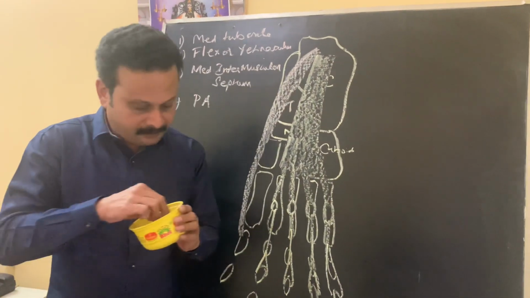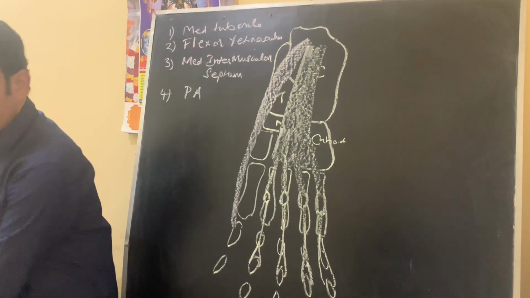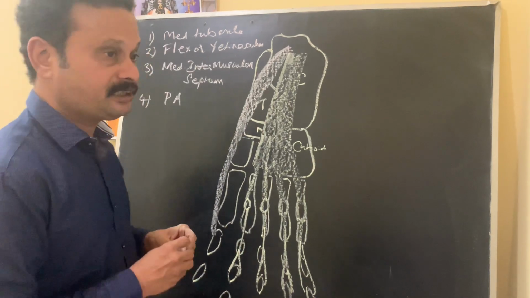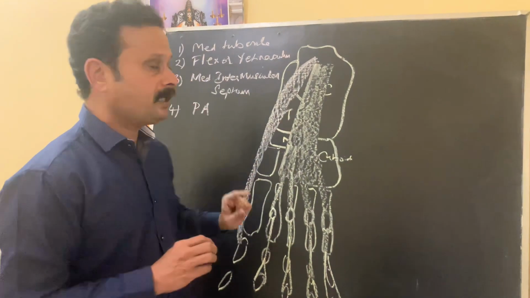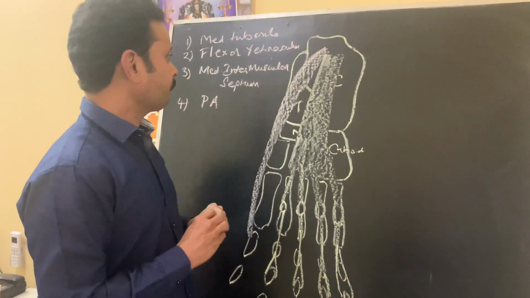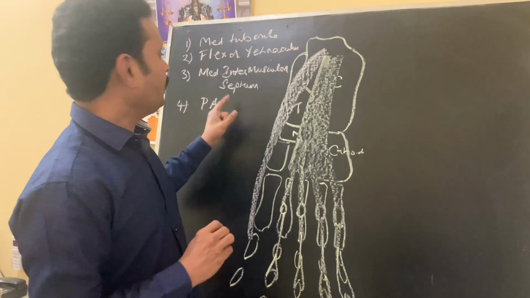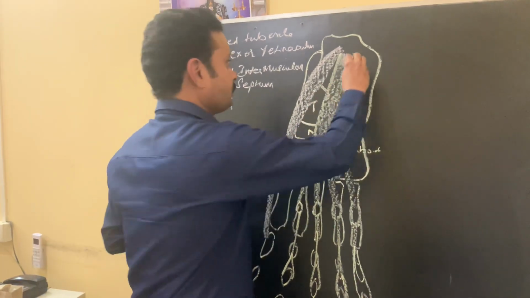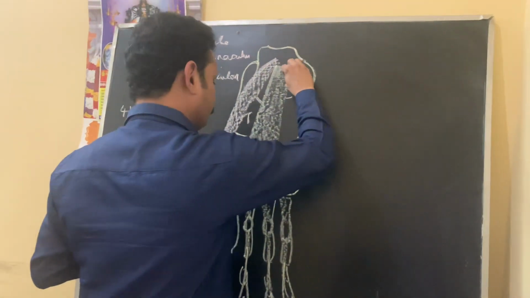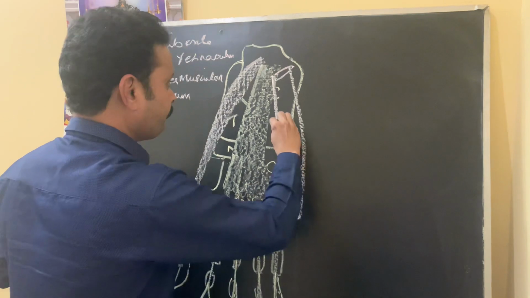Now coming to the third muscle, which is abductor digiti minimi. It takes origin from the medial and lateral tubercle of calcaneum, from the plantar aponeurosis, and from the lateral intermuscular septum.